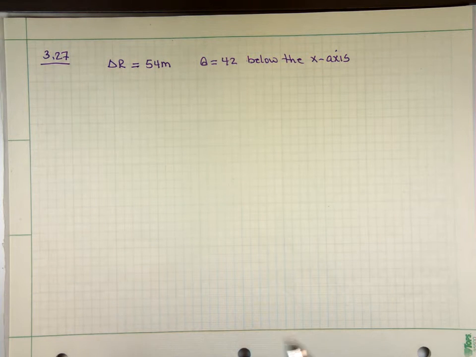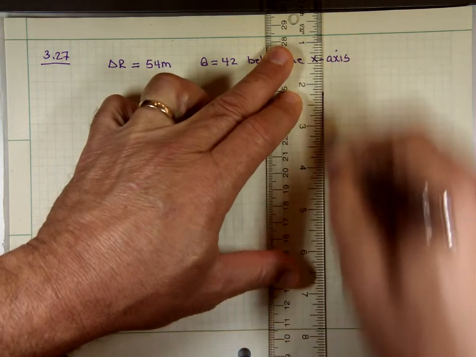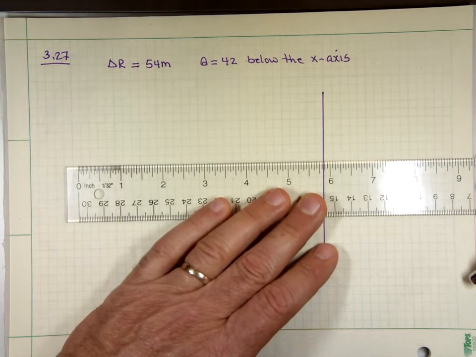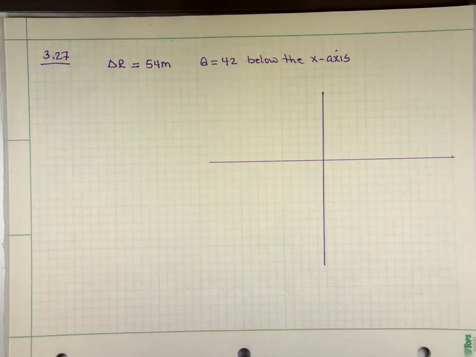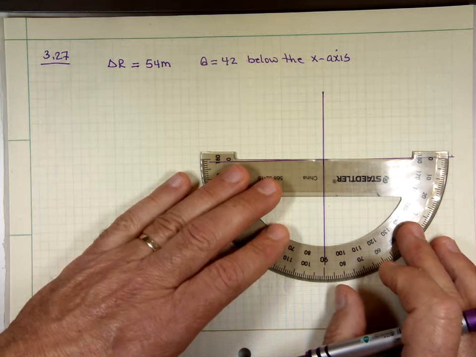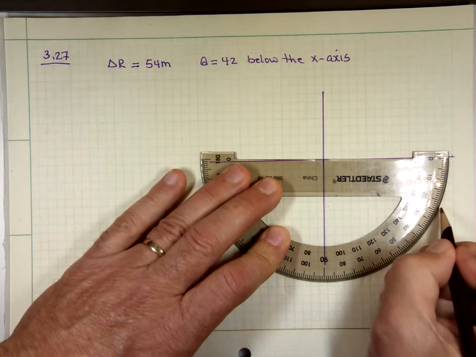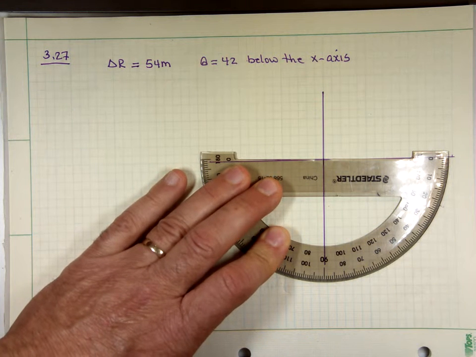So if you look at that graphically, you can do the vector graphically. If I do it graphically, 22 below the x-axis, flip the protractor upside down. 22 puts me right here, below the x-axis, down here.